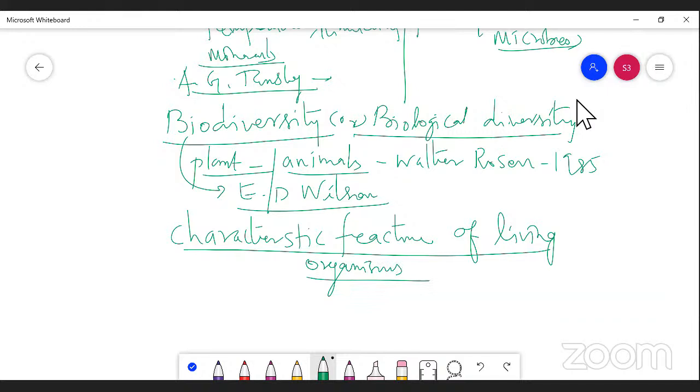Living organisms show a variety of unique characters that differ from non-living things. The key characters of living organisms: the first one is cellular organization.